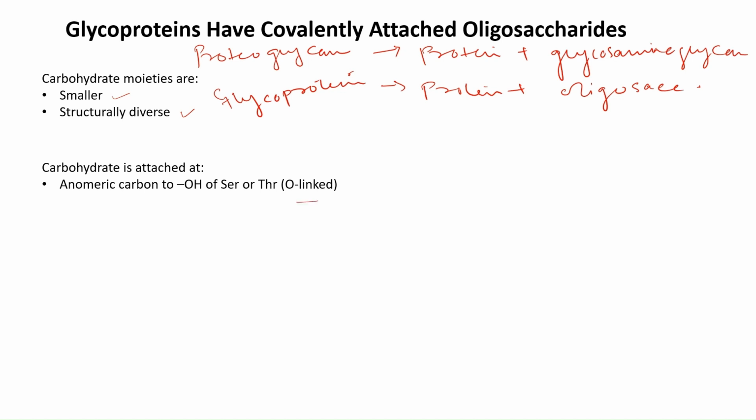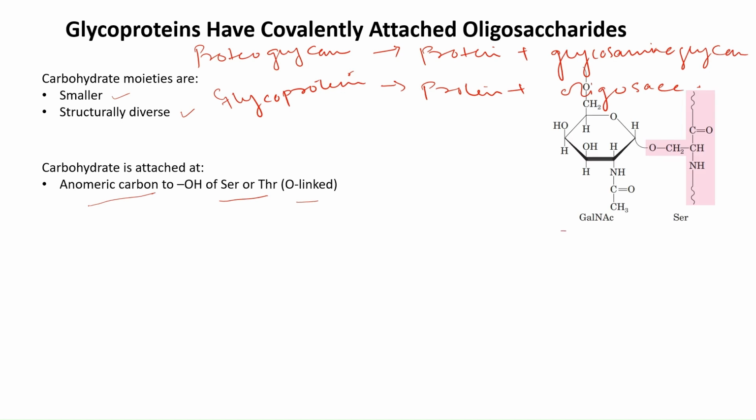What is O-linked? In O-linked, the anomeric carbon of the carbohydrate is attached with serine or threonine. If you see the structure here, this is a carbohydrate, this is a protein. The OH attached with the anomeric carbon is linked with the serine residue. So this is O-linked because it is linked via oxygen.